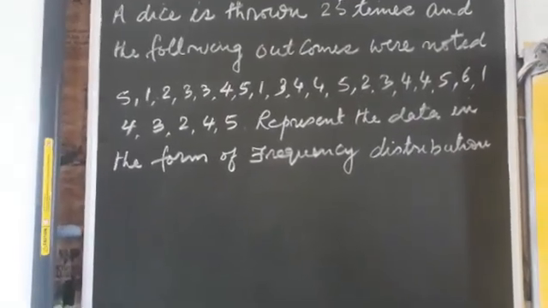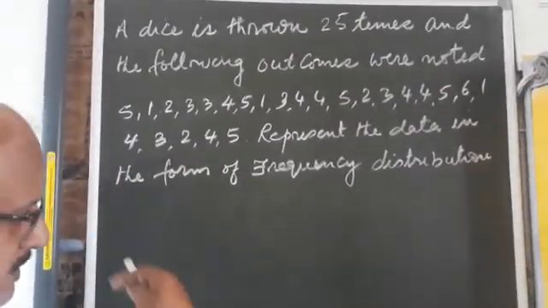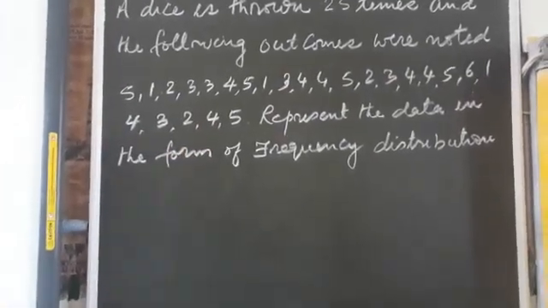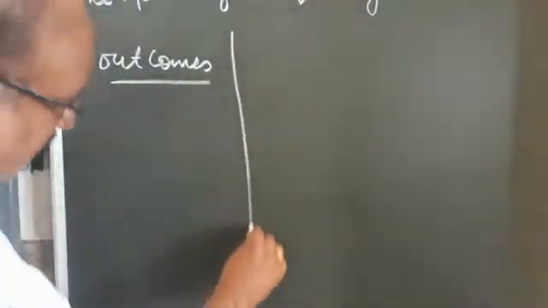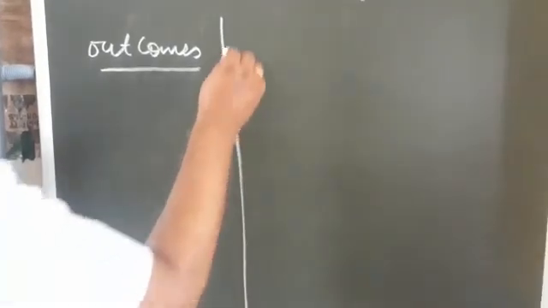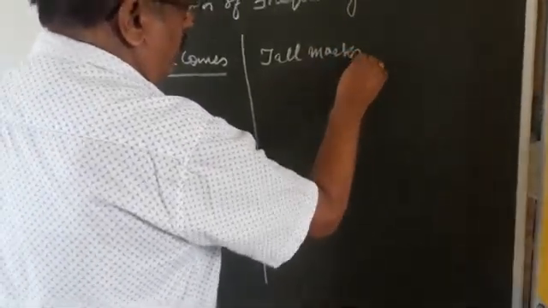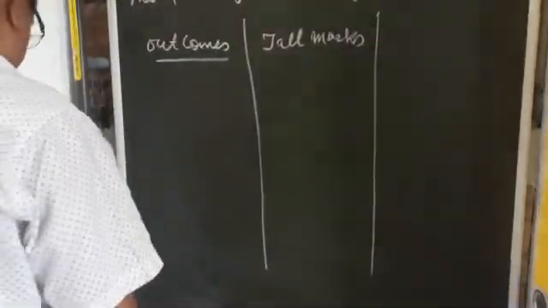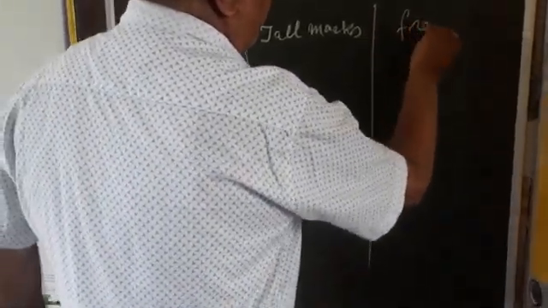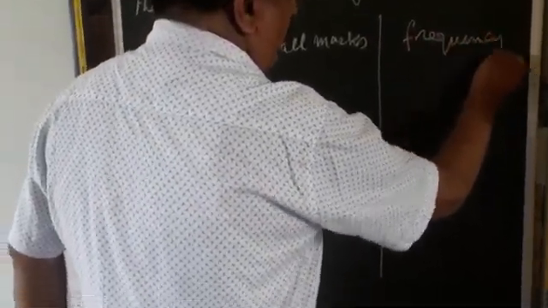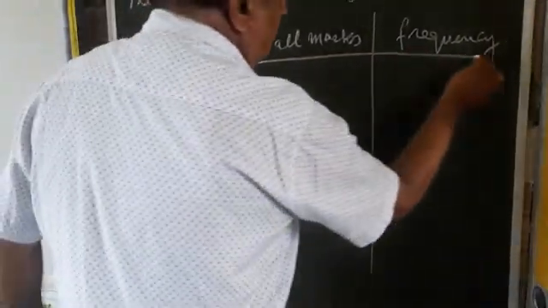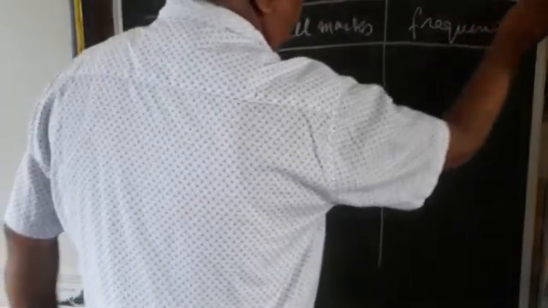Now, how do we move about? First and foremost, as I told you, you can either make a data array, or you can move without a data array also. So we make the frequency distribution table. In the first column we have the outcomes, next the tally marks, and then the frequency. This is what makes the frequency distribution table.